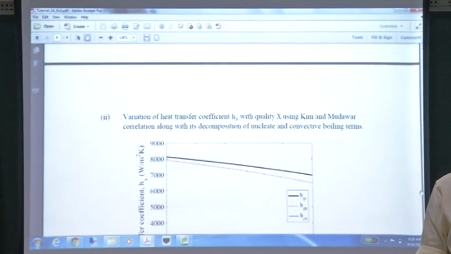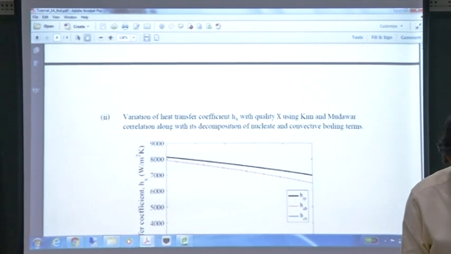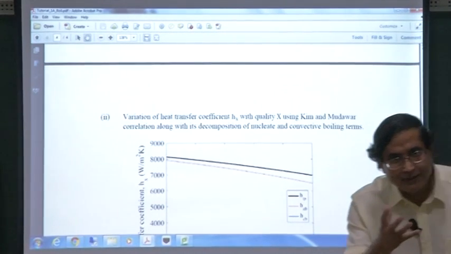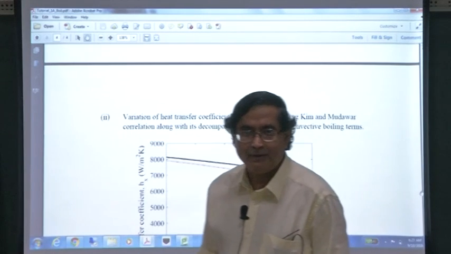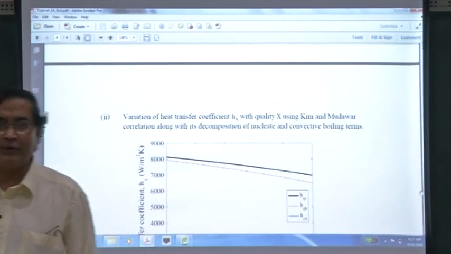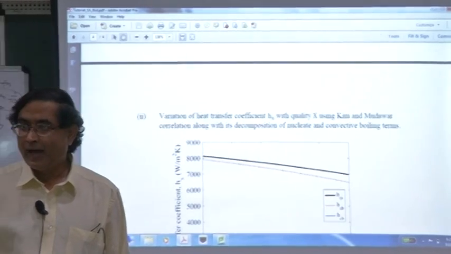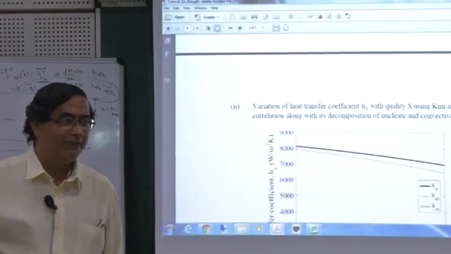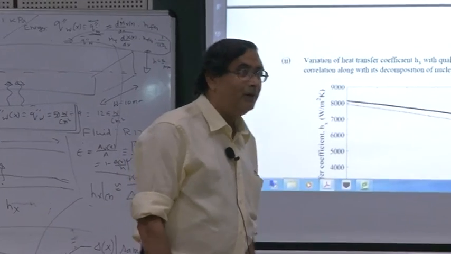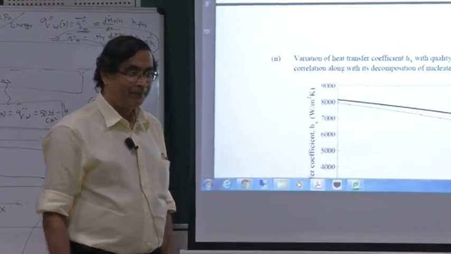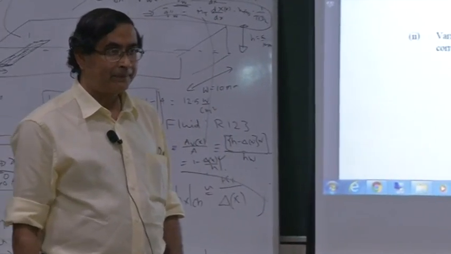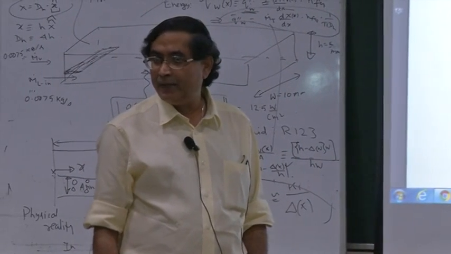So what was happening? Nucleate boiling was a pretty important contribution to the heat transfer. As nucleate boiling started reducing, the total heat transfer coefficient dropped pretty significantly, and the rise in the convective boiling did not offset it, even though it is an annular boiling.